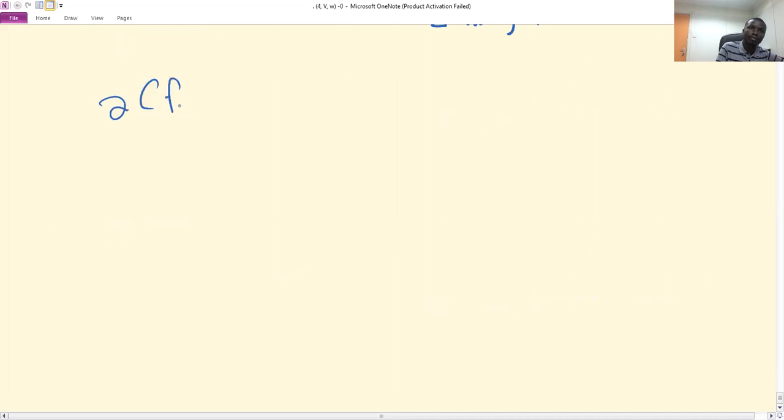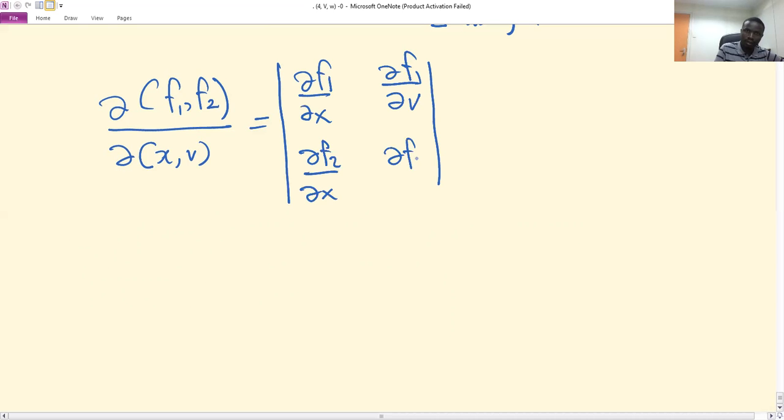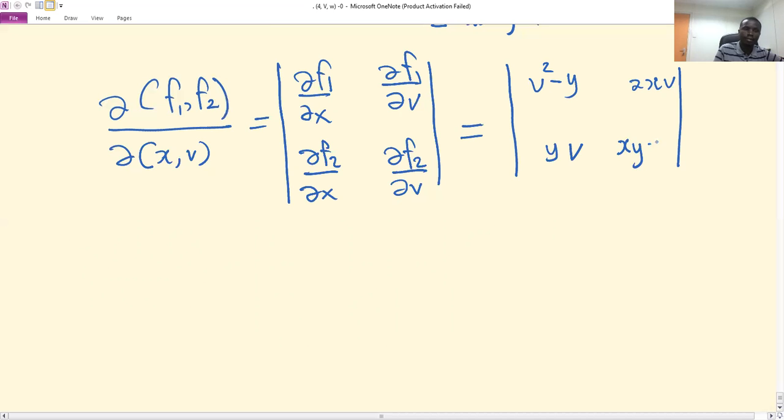Next, the Jacobian of f1, f2 with respect to x, v is the determinant of partial f1 partial x, partial f1 partial v, and then partial f2 partial x, partial f2 partial v, and when you work this out, you get v squared minus y, 2xv, and then yv, and xy plus 2v.